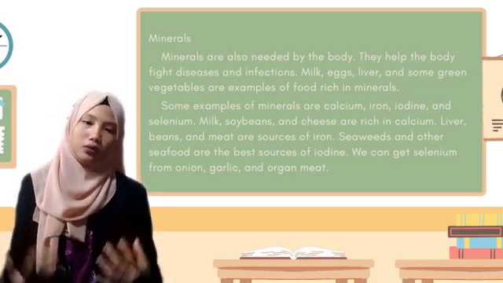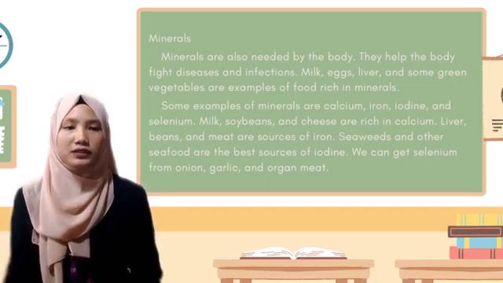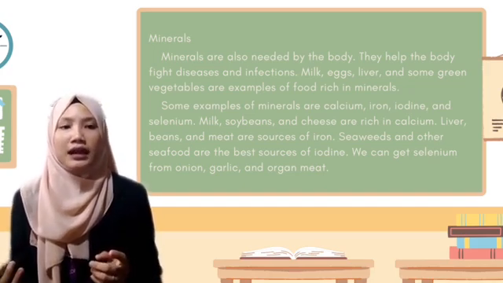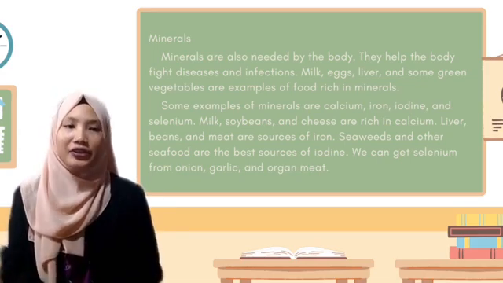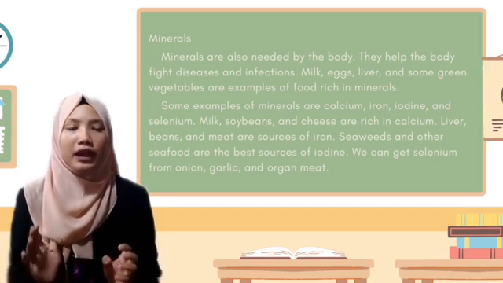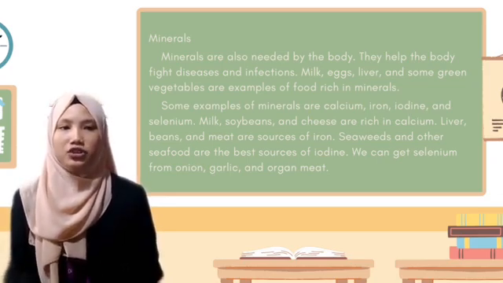There are also some examples of foods na nakakuha din tayo ng minerals dito. For example, yung mga calcium, iron, iodine, and selenium. Yung calcium ay makukuha yan sa milk, soybeans, and cheese.